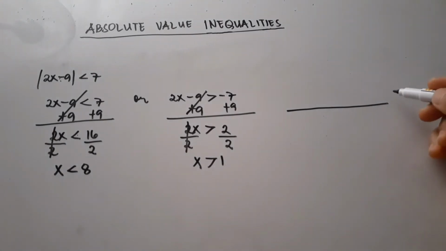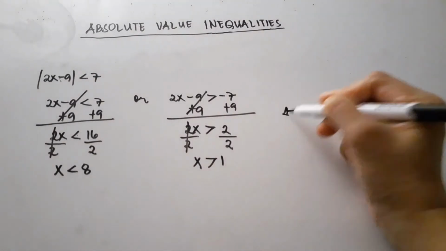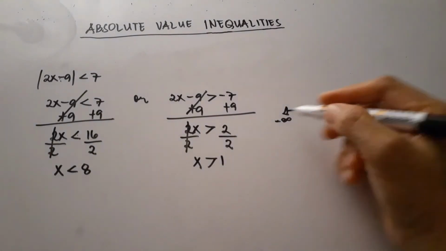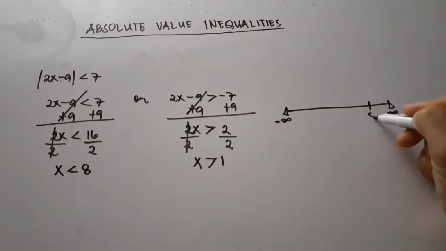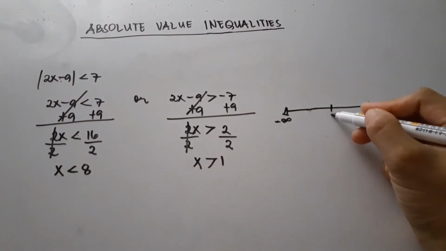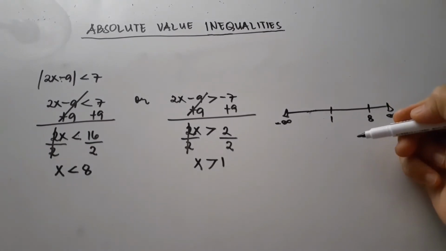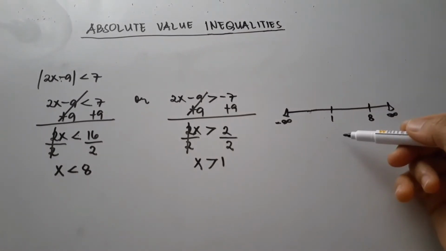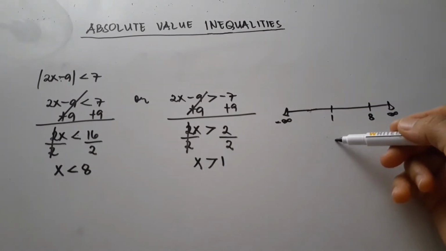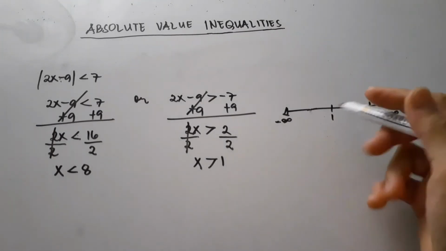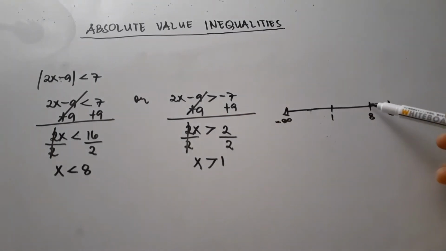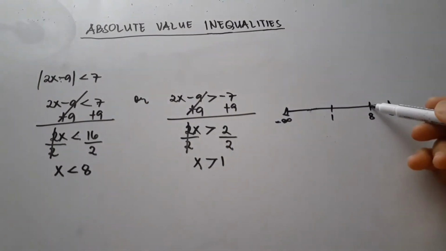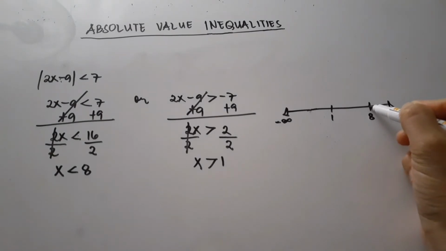On the number line, the left side is negative infinity and the right side is positive infinity. Since both are positive, we have positive 1. For x less than 8, the direction is going to the left.